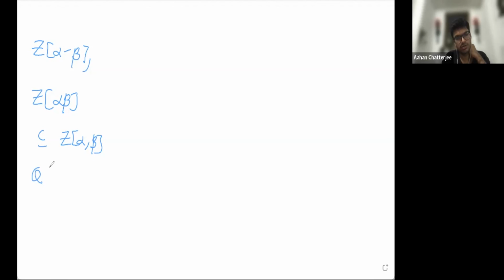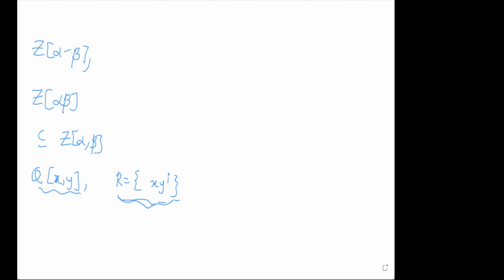But the issue is there's actually a counterexample, because I can just consider the ring Q[x, y] and consider the subring generated by x y raised to i. It turns out that although the ring will be finitely generated, this subring will not be finitely generated. Here i goes from 0 to infinity.